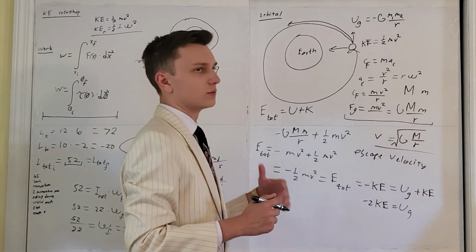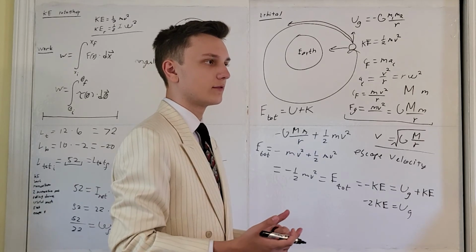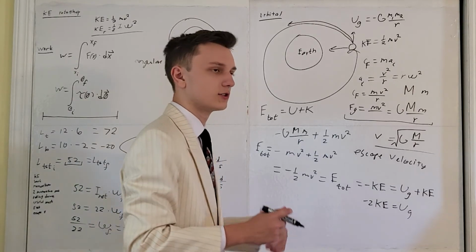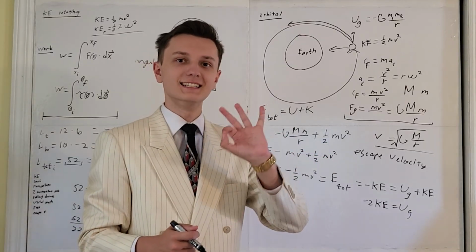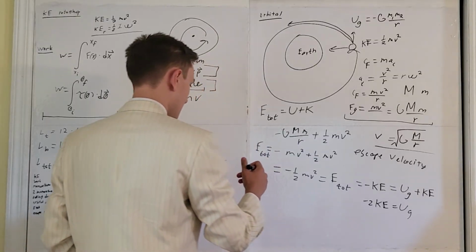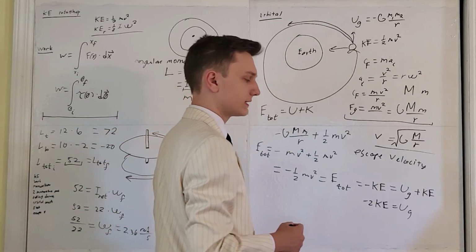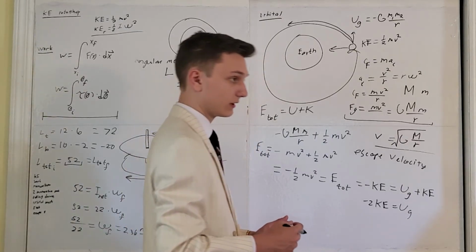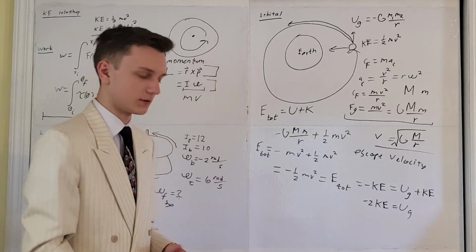Okay? So, well, that sounds like some pretty hard math. Well, it's not really. In order to travel an infinite distance away from the planet, you're pretty much saying, I want to make my gravitational potential energy zero. Okay? So, if we want to do that, we need to calculate our initial gravitational potential energy. Let's say we're calculating the escape velocity of Earth from the surface of Earth. Okay?